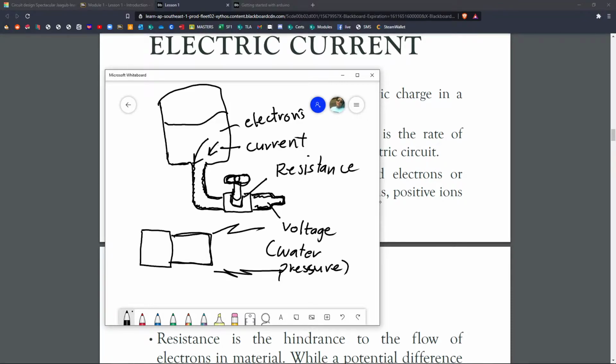It means it has a high voltage. But if the water just drips, it means it has a low pressure or a low voltage. Do you understand?